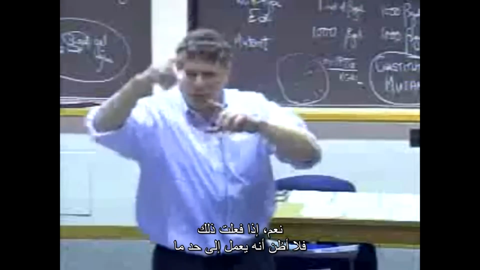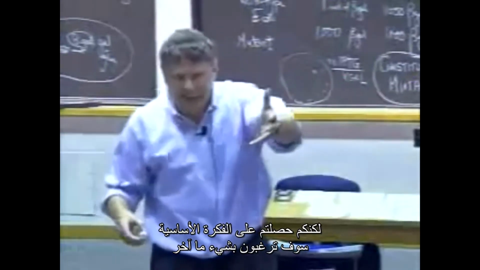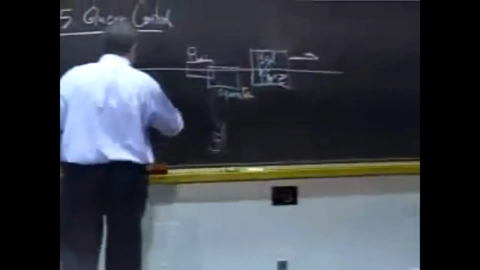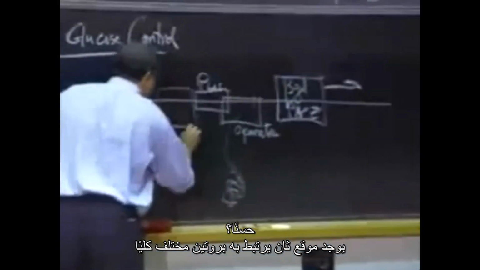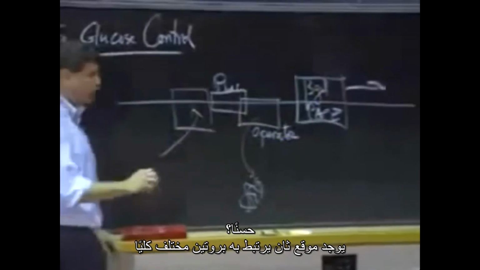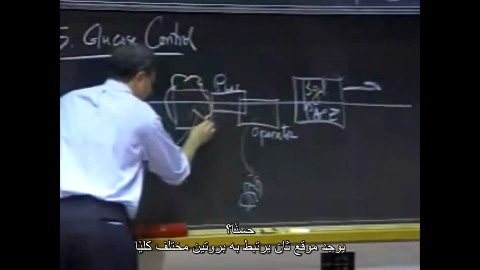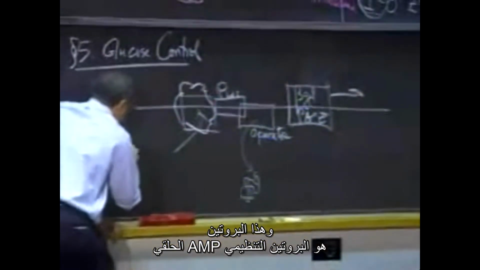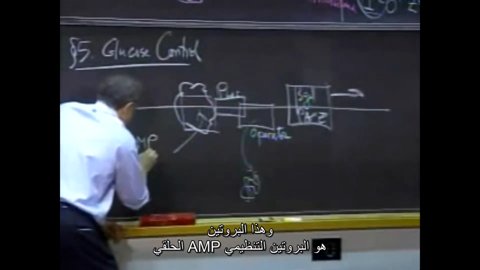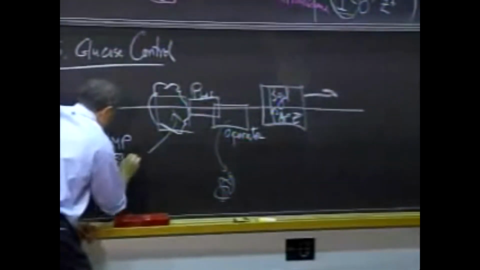Yeah, if you work that one through, I don't think it quite works, but you've got the basic idea. You're going to want another something, and it turns out there's another site over here. There's a second site on which a completely different protein binds. And this protein is the cyclic AMP regulatory protein.